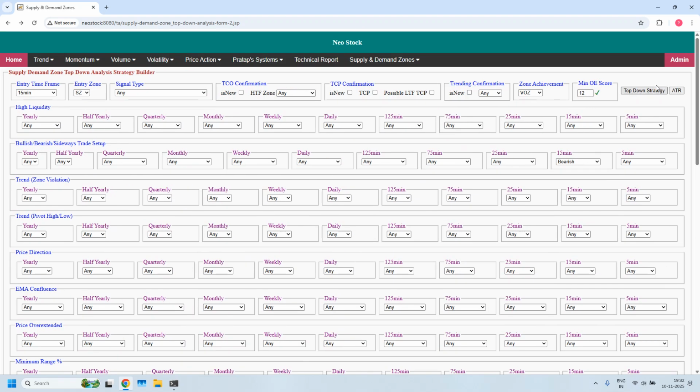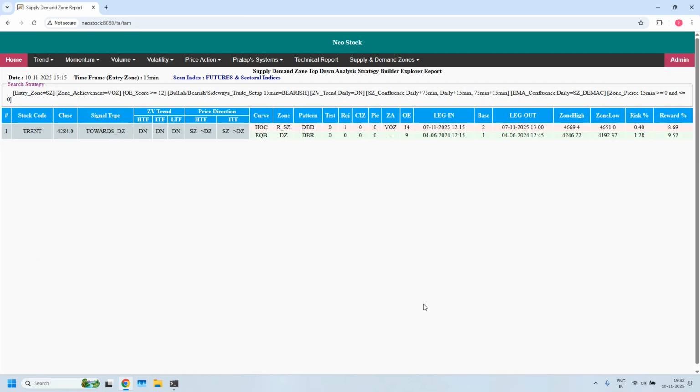With all the 3 filters, and also EMA confluence at daily supply zone with daily EMA confluence, and also trend on the daily should not be sideways, it should be downtrend. Bearish trade setup. We got 1 stock as per the second strategy. So this is a daily income trade.